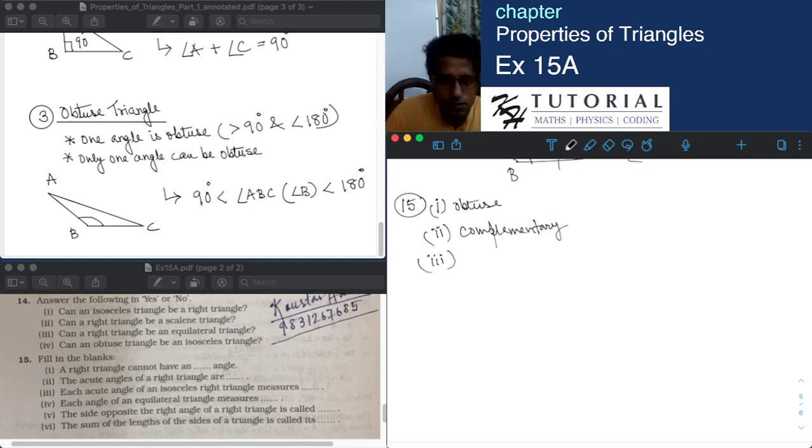Part 3, each acute angle of an isosceles right triangle measures, of course, 45 degrees. Why? The triangle will look like this, ABC, and let's say the angle B is 90 degrees, so this makes the triangle a right triangle.